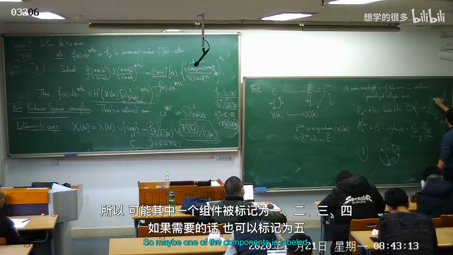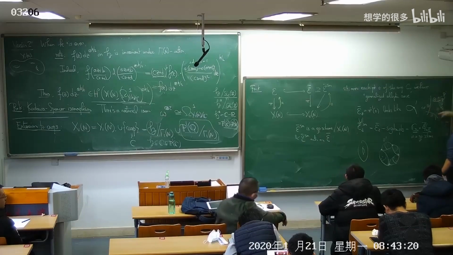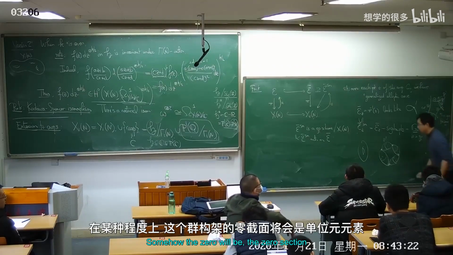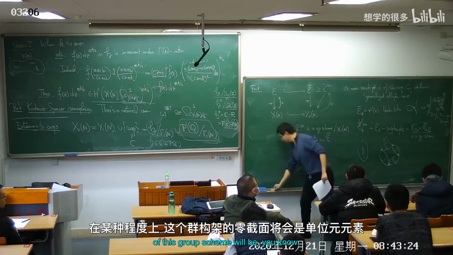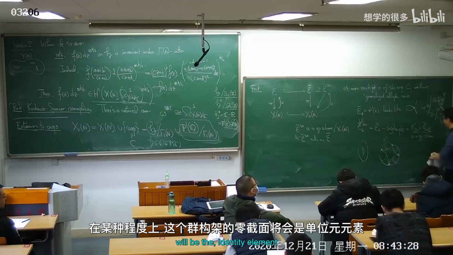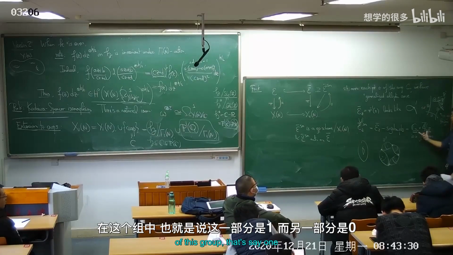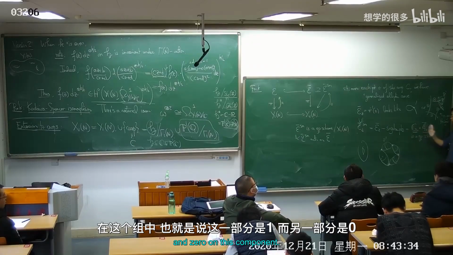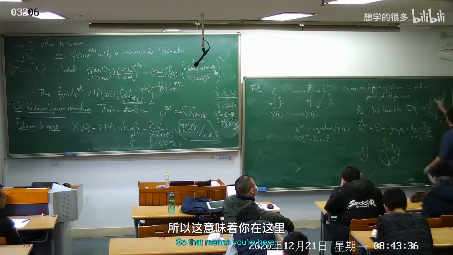So maybe the components are labeled 0 and 1 and 2 and 3 and 4, and so on. Somehow the 0 will be the 0 section of this group scheme, the identity element of this group. That's, say, 1 on this component and 0 on this component. So that means you're here.